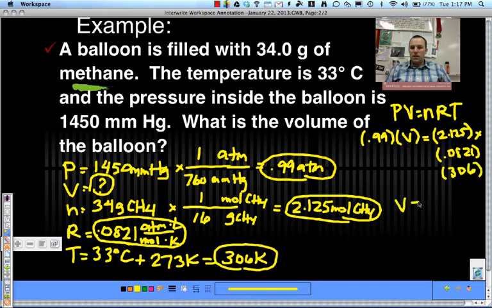Solving for V, so multiply 2.125 times 0.0821 times 306. Divide both sides by 0.99. And you get a volume of 53.92. And remember, because we put atmospheres, moles, Kelvin, our answer comes out in liters, which is perfectly acceptable.